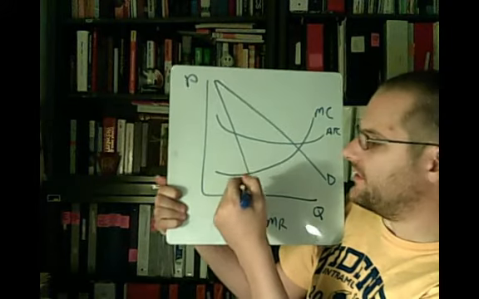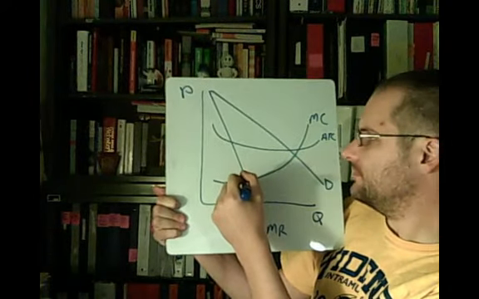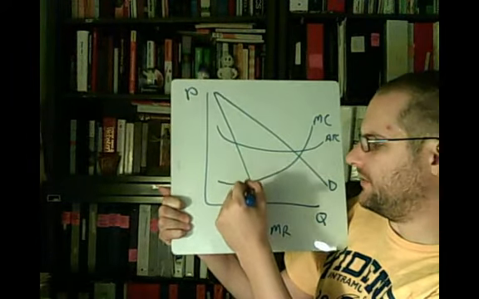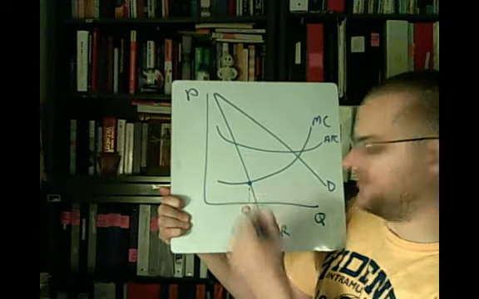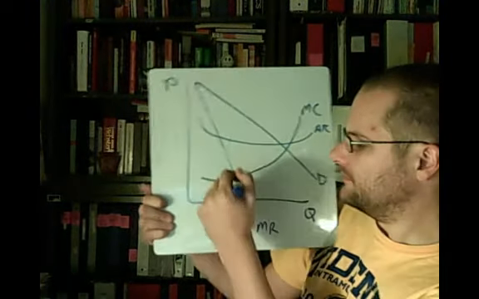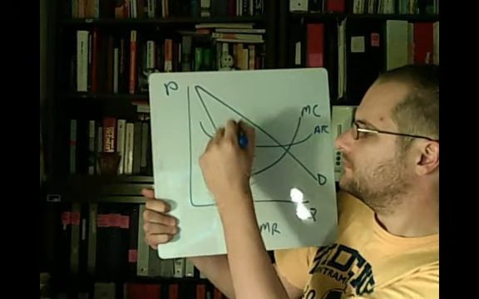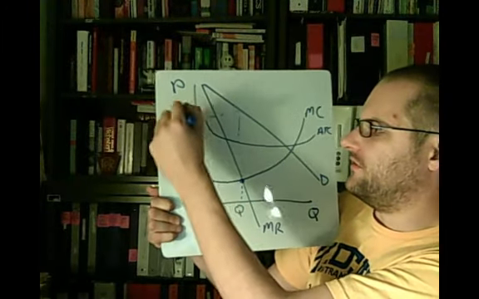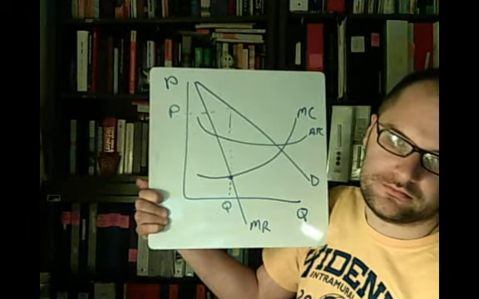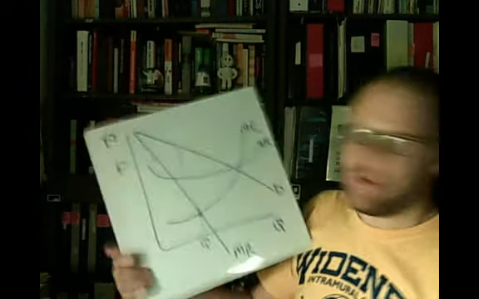That would mean they would set their marginal revenue equal to the marginal cost. So they would produce Q amount of electricity, and they would charge this really high price. Okay, that wouldn't be very good, right?